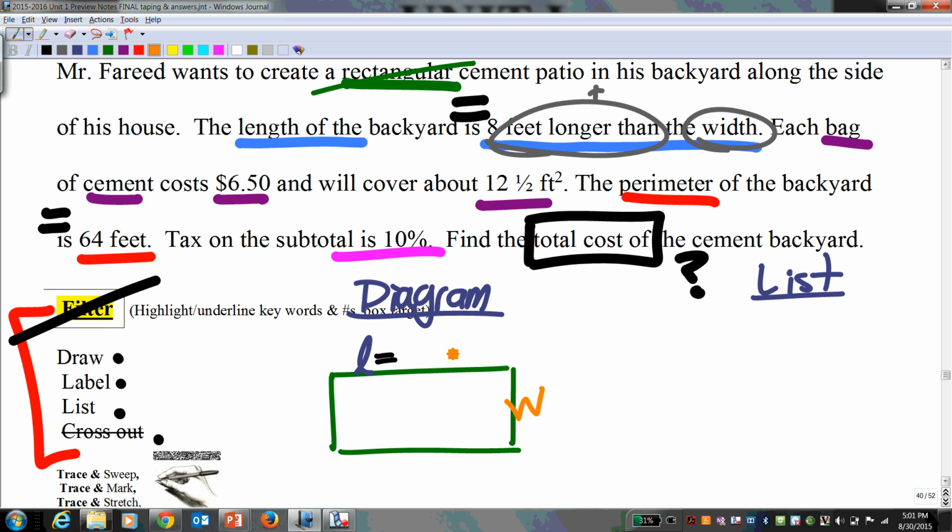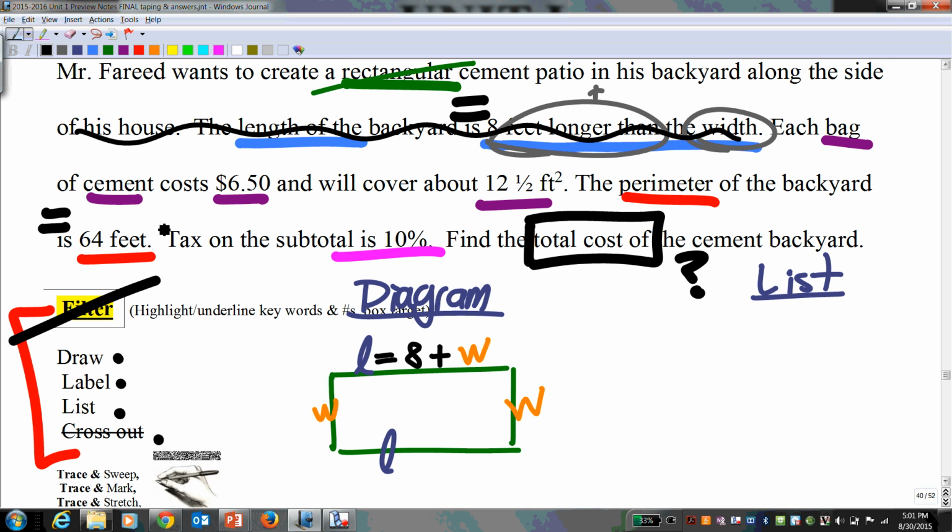And the length is 8 feet longer than, more than the width. Now, I didn't say 8 times the width, 8 times longer. It said 8 feet longer than. So that's a plus concept. So now I have it labeled. My width, and there's my length. Took care of that. Cross it out.